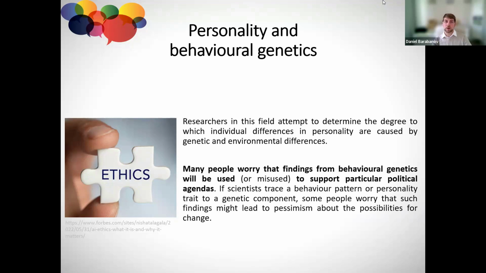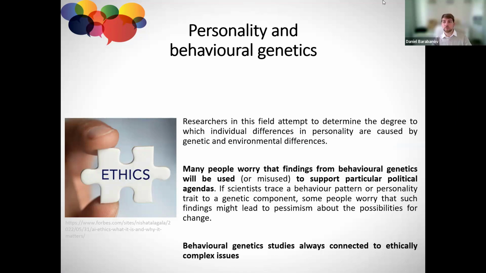Many people, including scientists, journalists, political activists, and politicians, worried that findings from behavioral genetics could be used or misused to support different political agendas, right? Because research results might be used to justify some bad, unproductive, or unjust social practices based on discrimination, right?